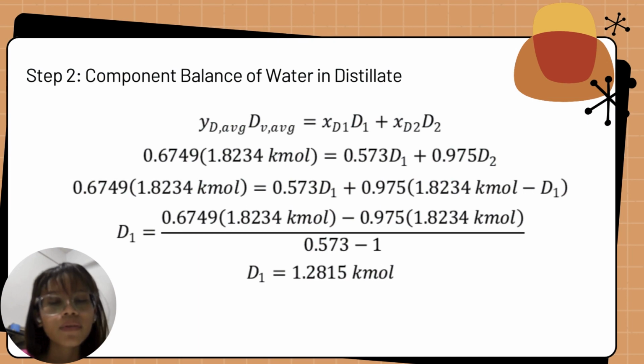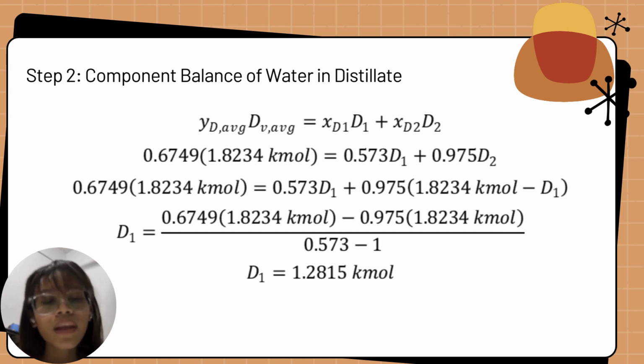Next, we will do a component balance of water in distillate. YD average times D average is equal to XD1 times D1 plus XD2 times D2. Then substituting for the values, we are left with unknown values D1 and D2.